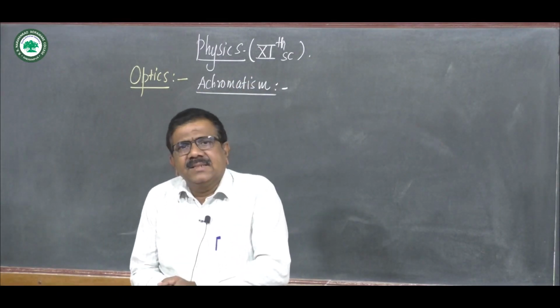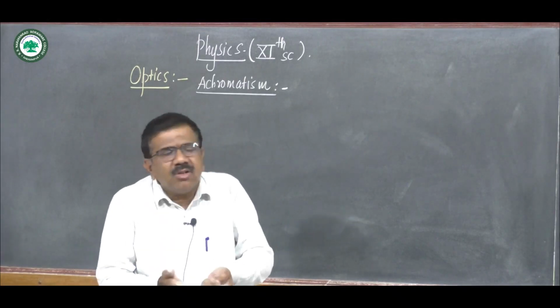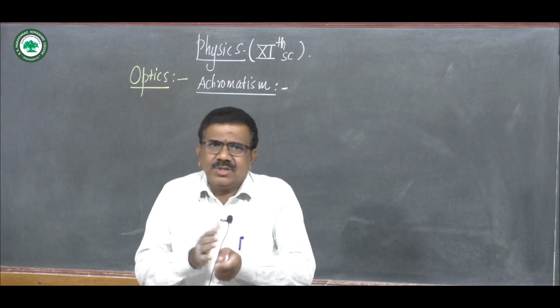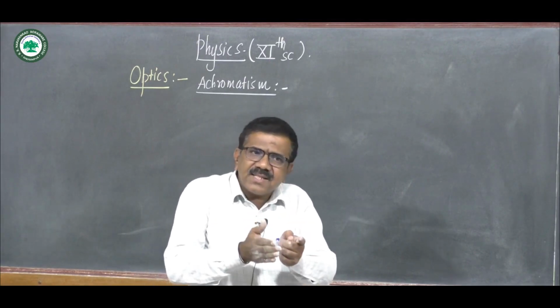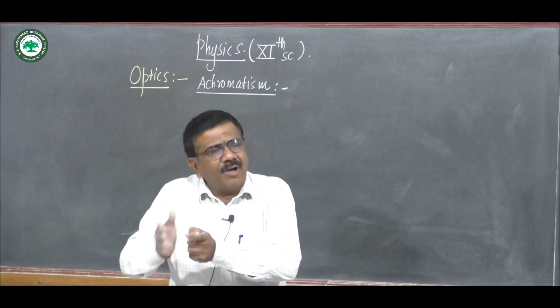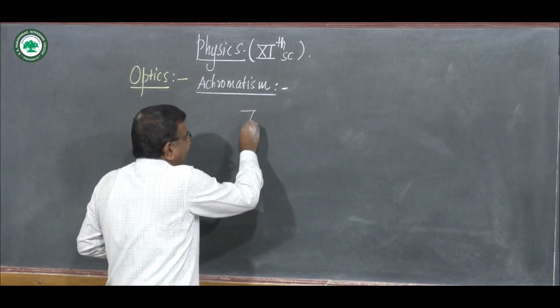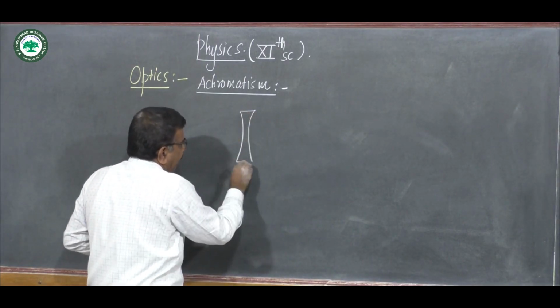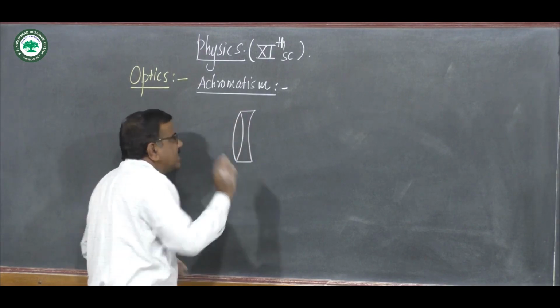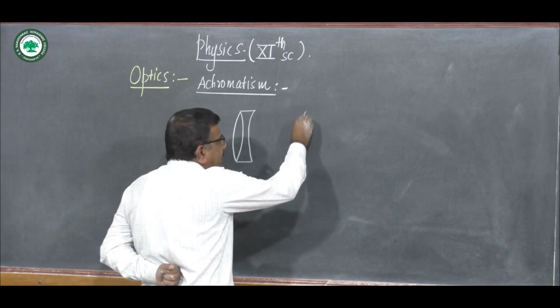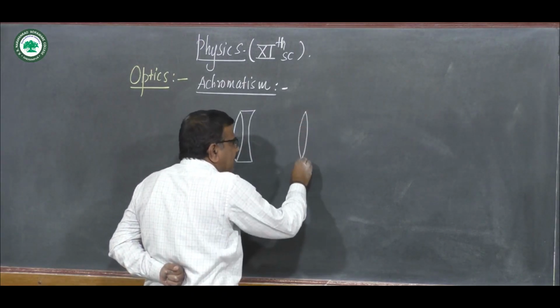We know that for the elimination or minimization of chromatic aberration, we use a convex lens and a concave lens in contact with each other, or 2 thin convex lenses separated by some distance.